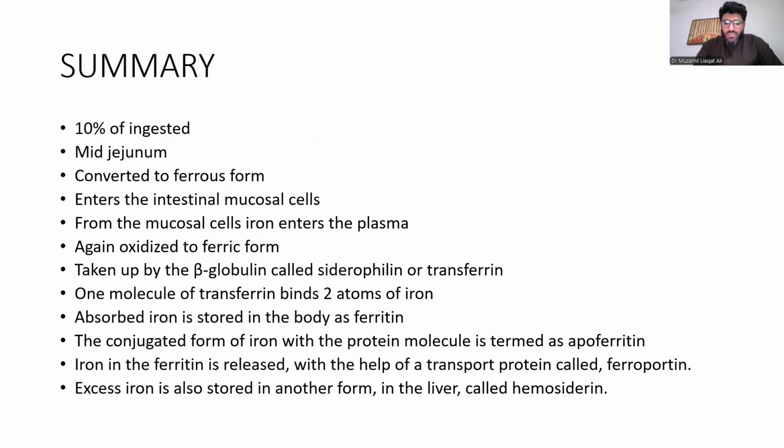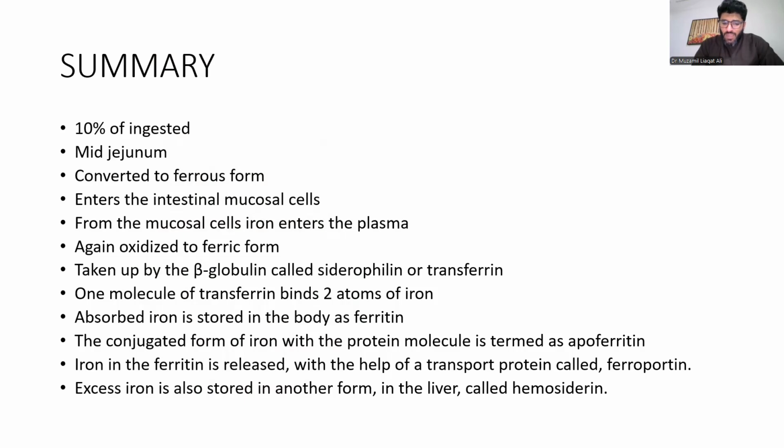To summarize, let's chalk out the key points. 10% of the ingested iron is absorbed. Absorption occurs at the mid-jejunum. Iron is converted to the ferrous form for absorption. It enters the intestinal mucosal cells. From mucosal cells, iron enters the plasma. In plasma, it is oxidized to the ferric form.